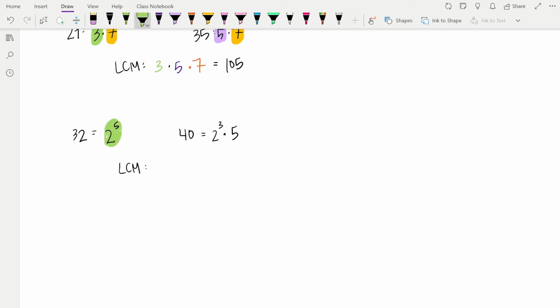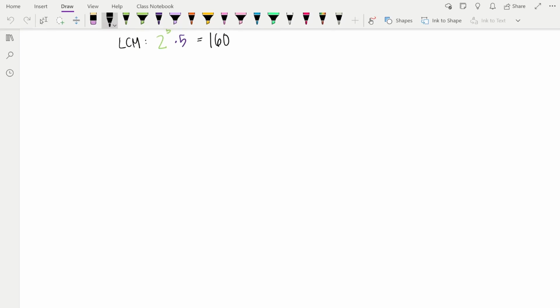This one has 5 2s, and this one has 3 2s. So I have to take the most number of 2s. I need all 5 of those 2s. And this one has a 5, so I also need a 5, which means my least common multiple is going to be 2 to the 5th times 5. That's 160. Now let's try it with some variables.